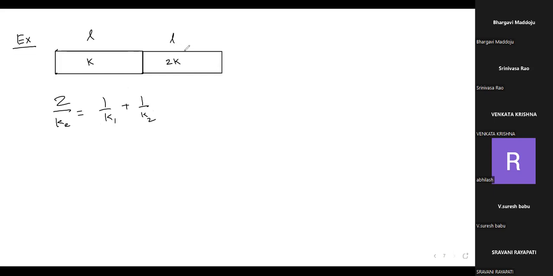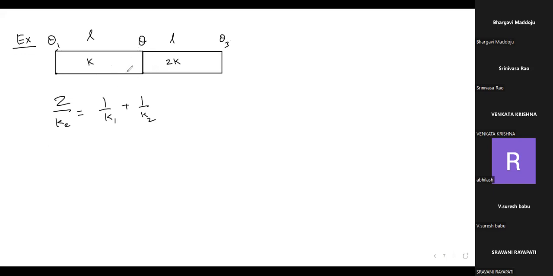Suppose they are asking the temperature at this position. Here theta1 is the temperature at this position, theta2 is the temperature at this position, and theta3 is the temperature at the other end. Suppose I don't know theta2, so I take it as theta.